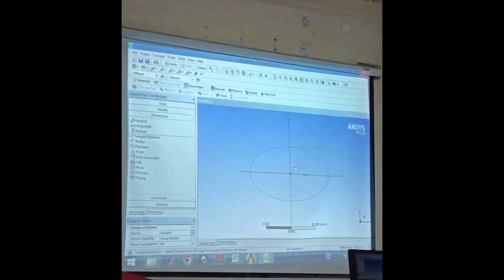So then this to this. Wait, something else. Oh, that has moved, so undo it. This length or distance. So select this and this to give this.